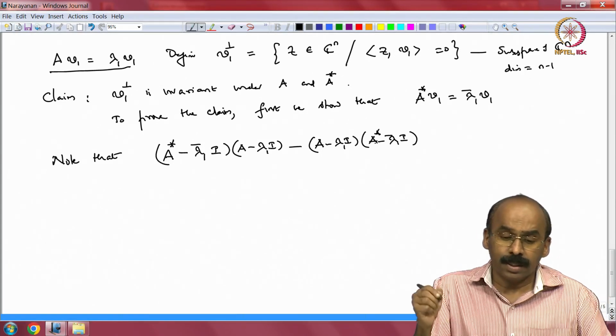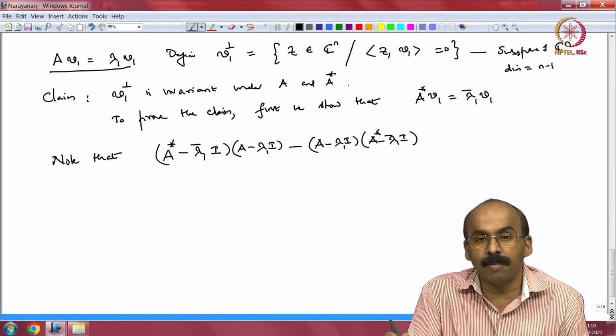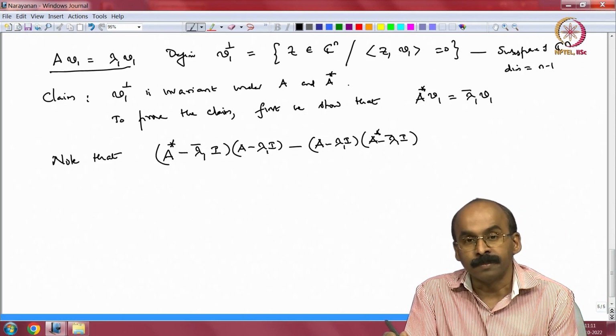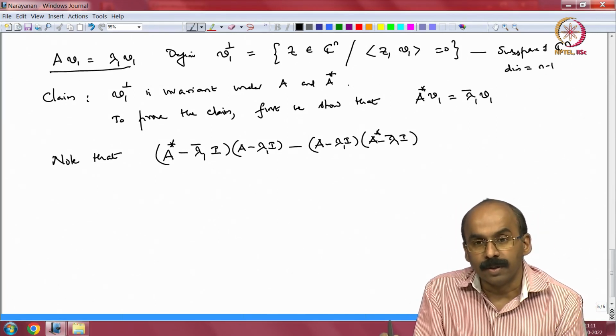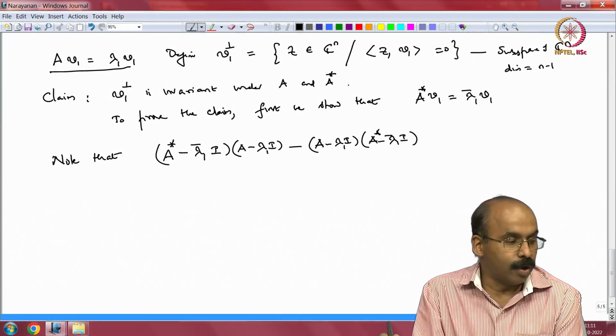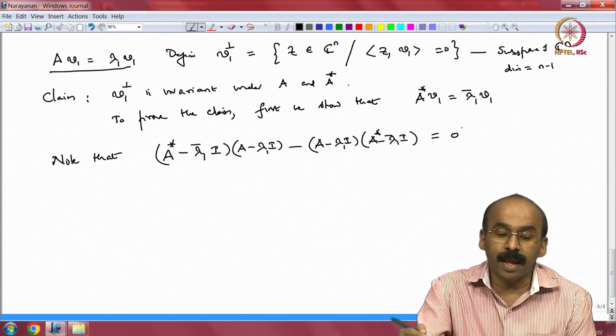Okay. So, if you look at this as a matrix B, then it is B star B minus B B star, right. So, it is one term and its adjoint, right. So, if A is normal, you see that this is 0, right, because A and A star commute.